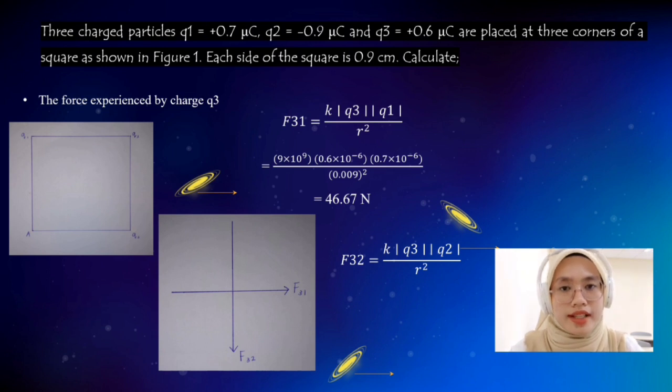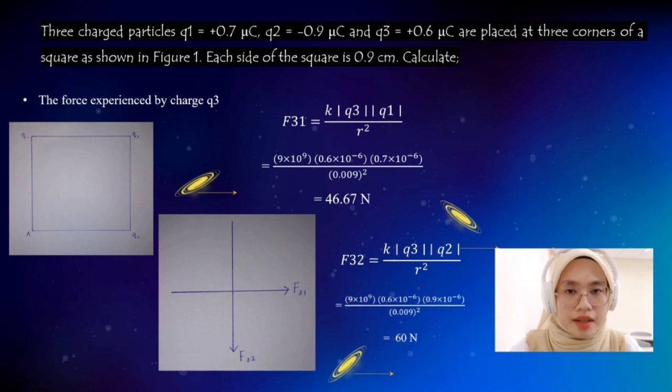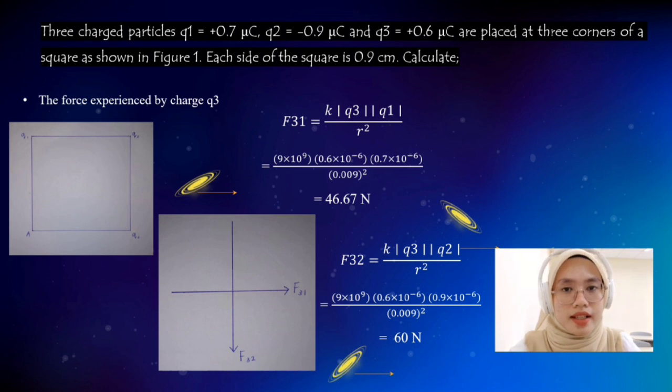After that, we will insert all the values into the formula, which is K equals 9 times 10 to the power of 9 times 0.6 times 10 to the power of negative 6 for charge Q, and don't forget to multiply by 10 to the power of negative 6 because all the charges are in microcoulomb, so we must convert into coulombs, and times 0.9 times 10 to the power of negative 6 for charge 2 over 0.009 meter to the power of 2.